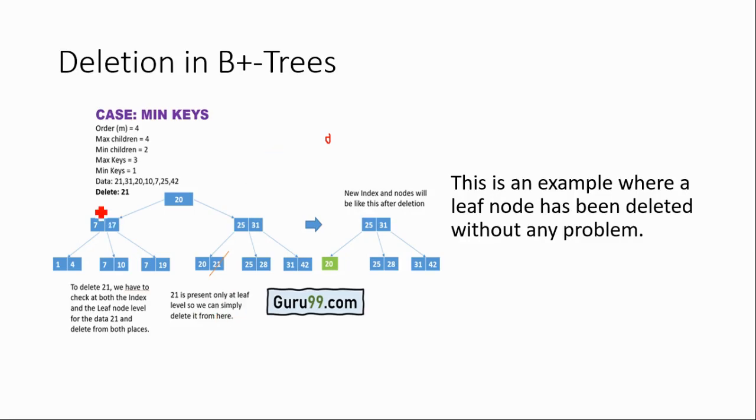Here you can see the order is 4: the maximum number of children is 4 and the minimum is 2, the maximum number of keys is 3 and the minimum is 1. After this, they want to delete 21, but that node contains more than the minimum number of keys. So they just deleted 21, and the change is shown here.